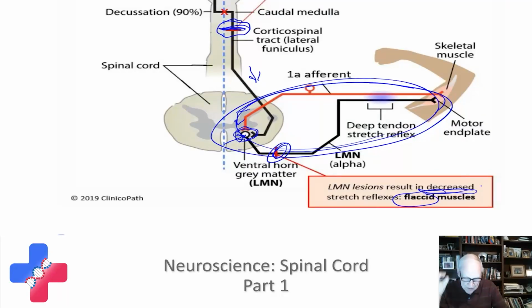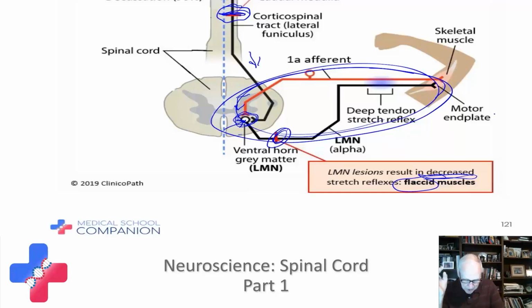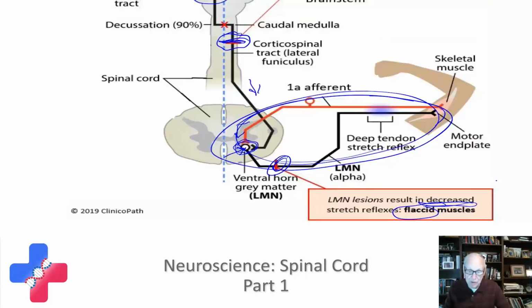So again, the upper motor neuron is providing those brakes to the ventral horn area. And without the upper motor neurons, there are no more brakes. So the circuitry can go rapidly firing, spastic. And if you have a lower motor neuron lesion, that's going to end up with a decrease of reflex activity, and that's going to be your flaccid. So again, notice these two terms are very important, spastic versus flaccid.